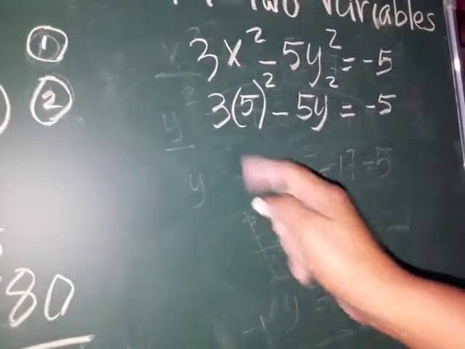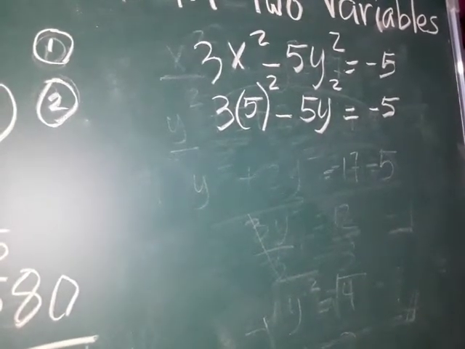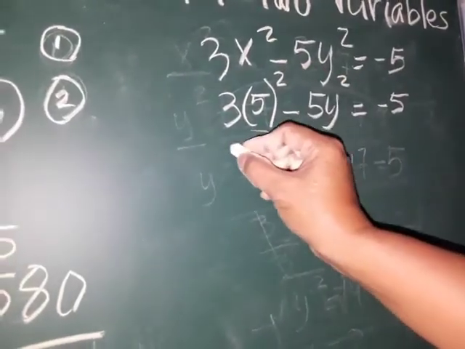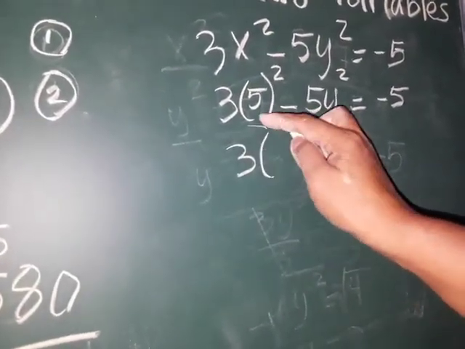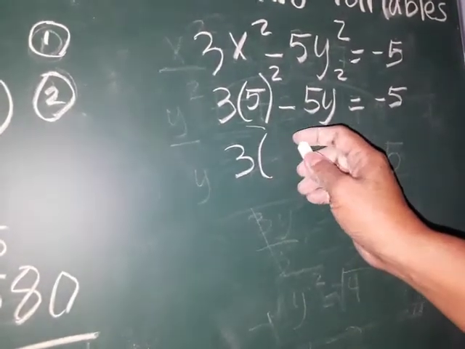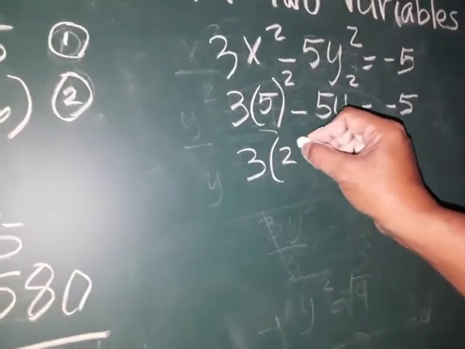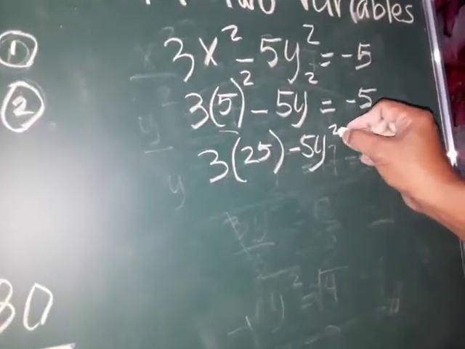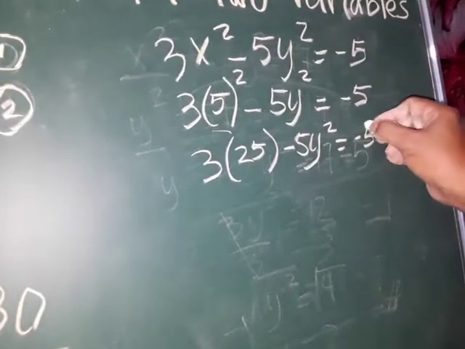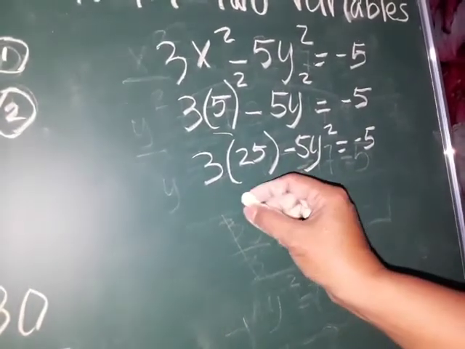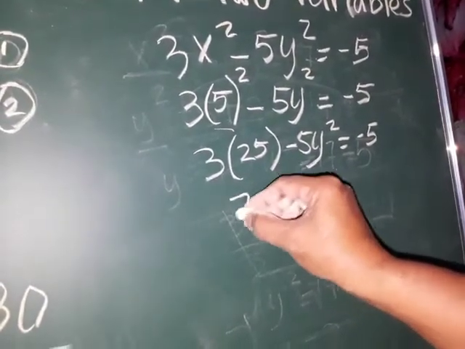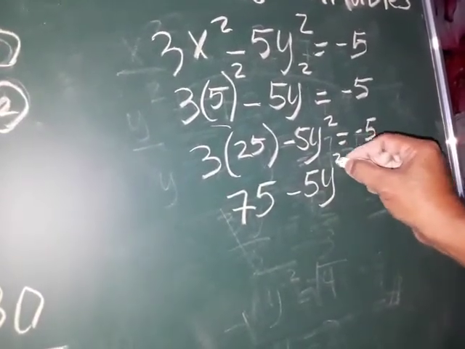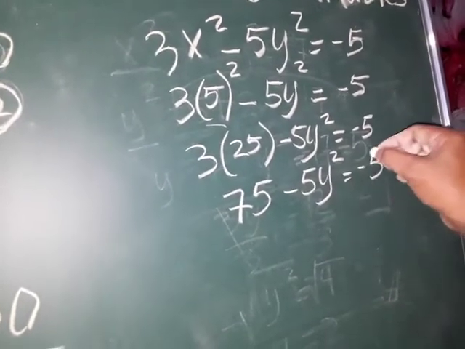Next, of course, we're going to follow PEMDAS or order of operation. We will do first the exponent. So, 3 times 5 squared is 25. That means 5 times 5. So, 25 minus 5y squared is equal to negative 5. Next, 25 times 3 is equal to 75 minus 5y squared is equal to negative 5.